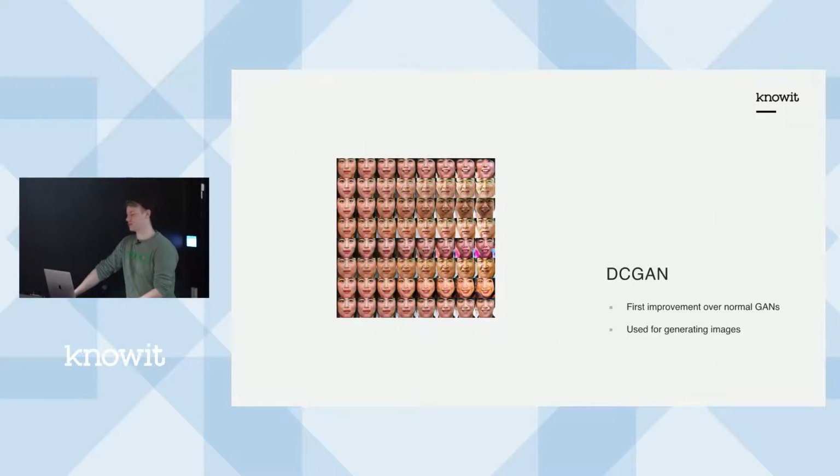Anything with images, you just put in convolution and it works. It's essentially the baseline for all generators which generate images. Yeah, every network that generates images has some form of convolution included.